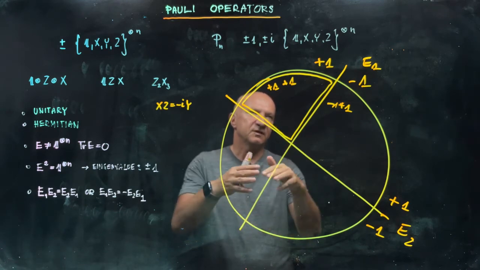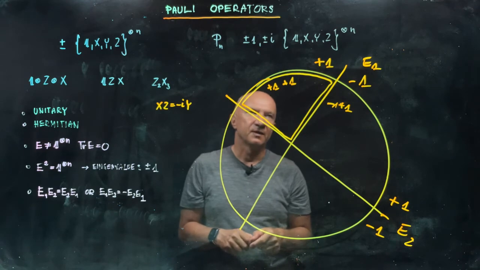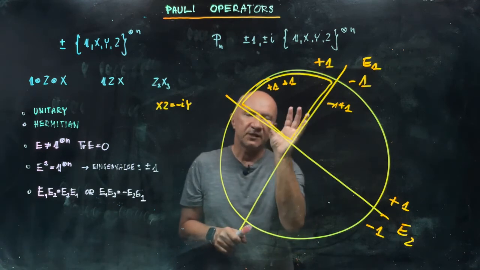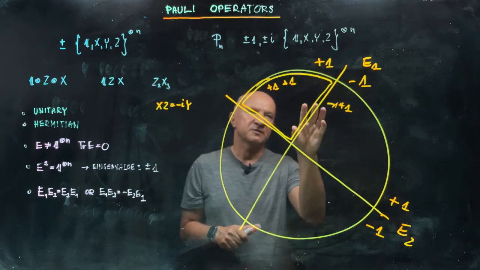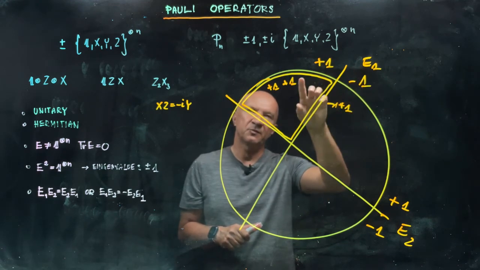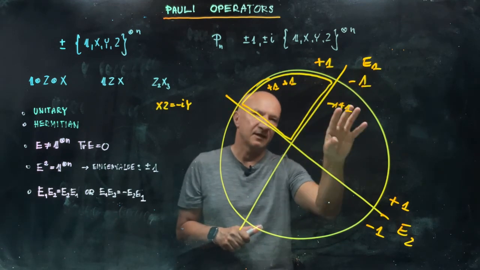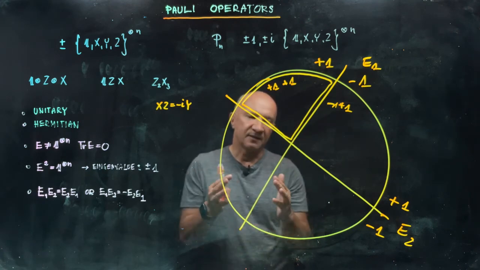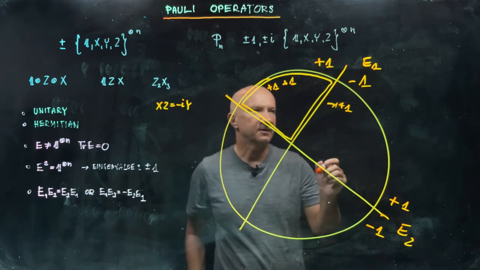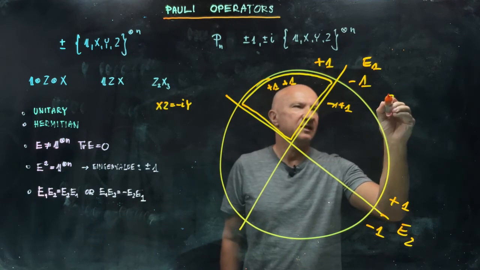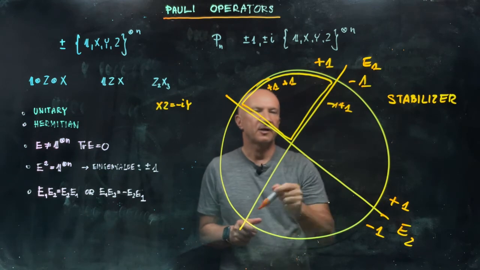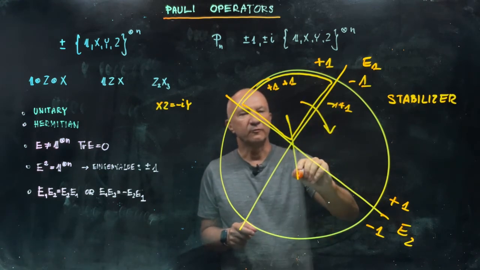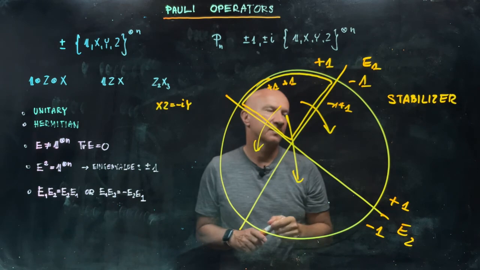But just to give you a general overview, any Pauli operator will have a role to play in the scheme of a quantum error correcting code. Some Pauli operators will just specify the code subspace and the error subspaces, and those operators will form a group called a stabilizer. Then there will be errors, Pauli operators that describe how you move between different subspaces.